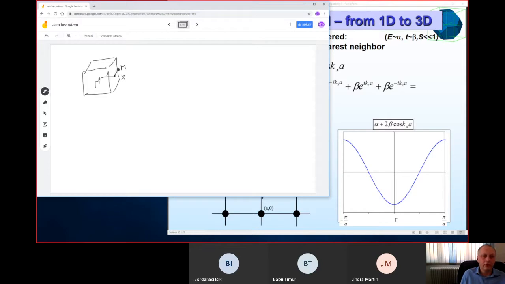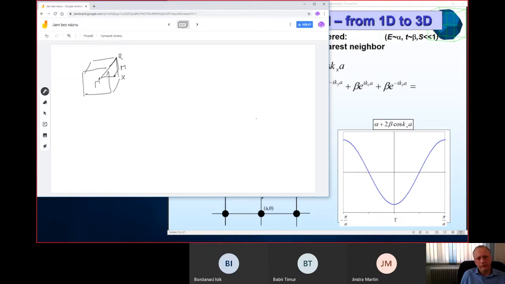Then we could go back to gamma, or go to the R point, which is here, and then back to gamma. I think this part is symmetrically equivalent with all the other octants of the cube.